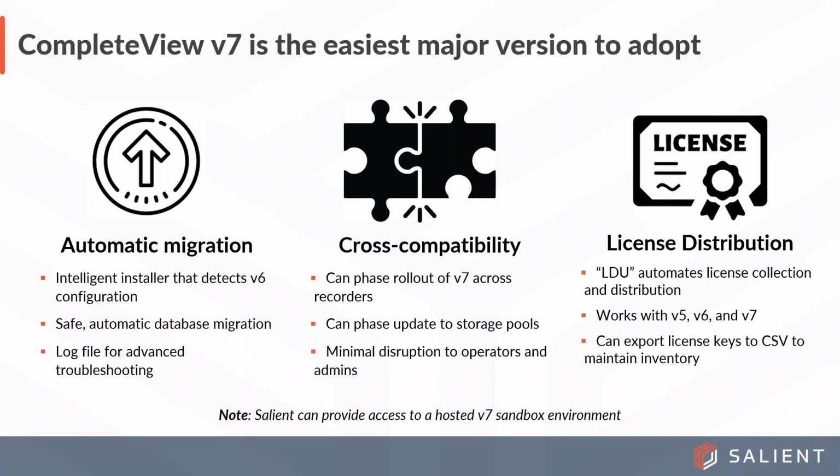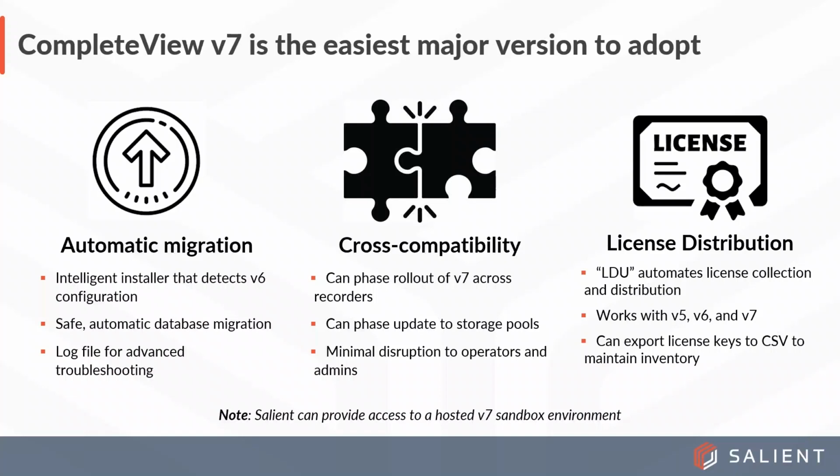But probably the hardest part is finding a window to take an individual recorder and get that upgraded to version 7. Yes, it's possible to mass apply or mass push bin updates to recorders, but a lot of times you want to be careful about when you do that. You want to make sure it's happening in a window where it's not peak business hours.